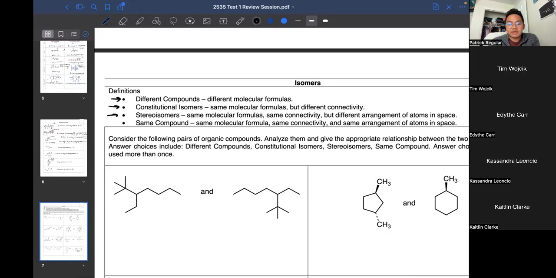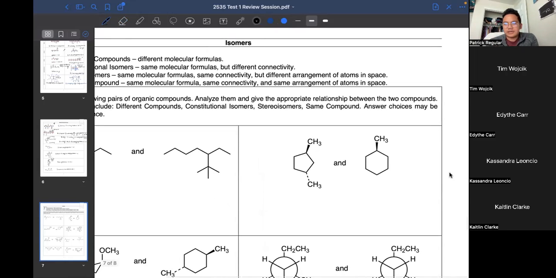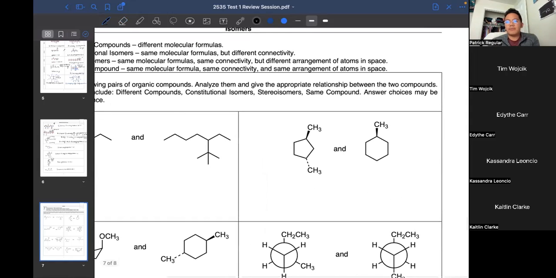If it has a different amount of carbons, then they're entirely different compounds. A big giveaway for constitutional isomers is different ring structures, like this one right here. We have a cyclohexane and a cyclopentane. They're obviously not the same compound, and they're not stereoisomers because there are just different rings in general. It's the connectivity that's different.